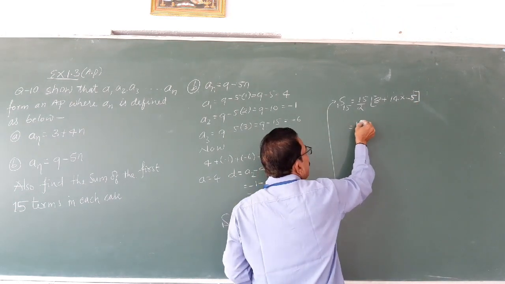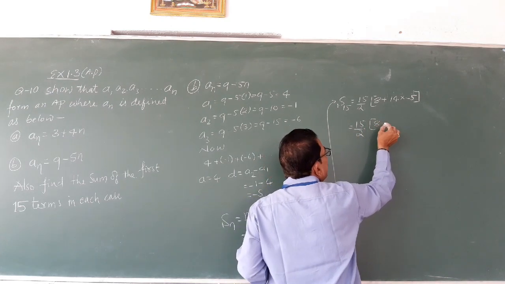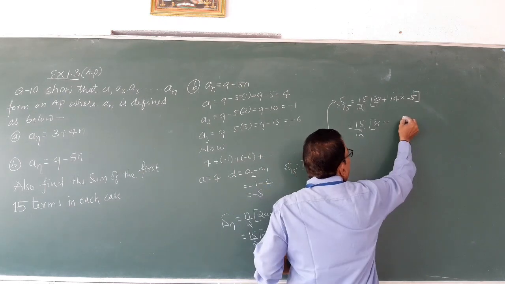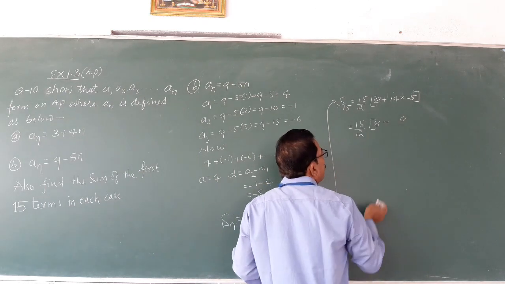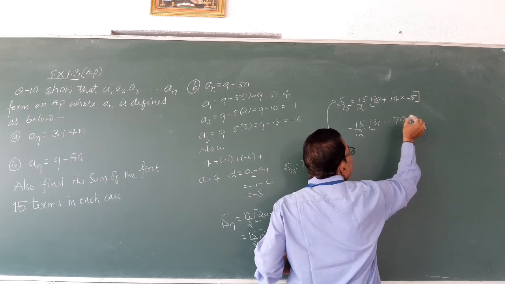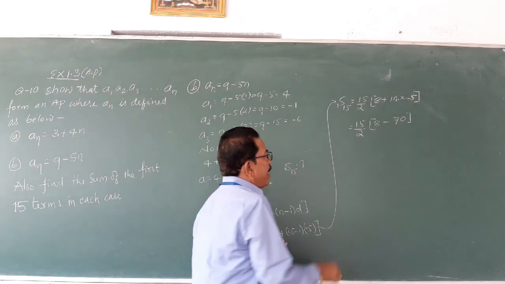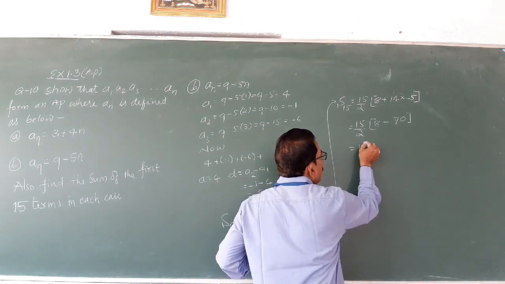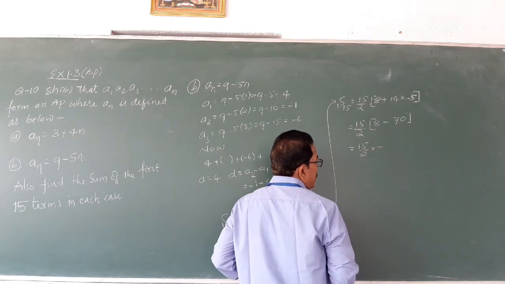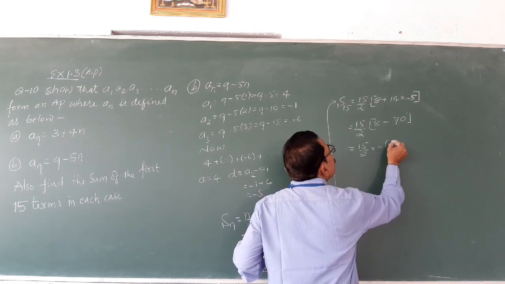That equals 15 by 2, 8 plus, 14 into minus 5, which is minus 70. Then 15 by 2 into minus 70 plus 8, minus 62.